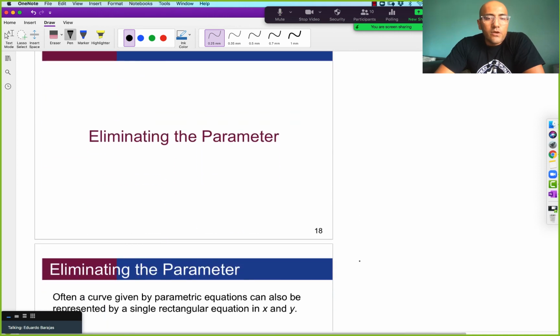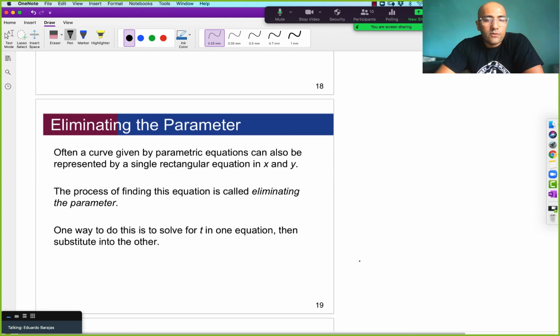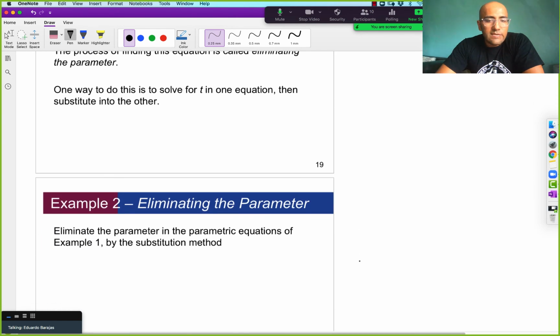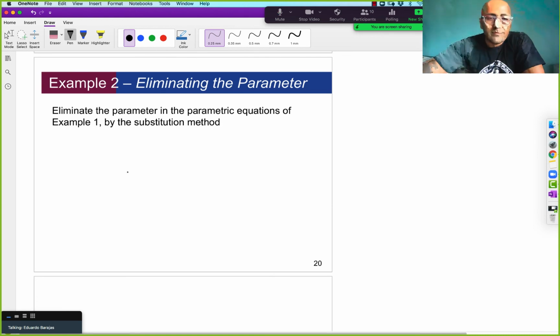Good. Okay, manipulating these. So we could eliminate the parameter and put it back into our standard Cartesian coordinate system. And there's different ways to do that. The most common way is to just do the substitution method. So eliminate the parameter in the parametric equations of example 1 by the substitution method. Okay, so example 1.